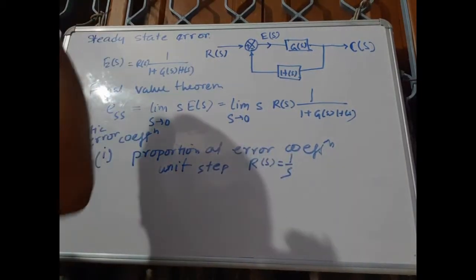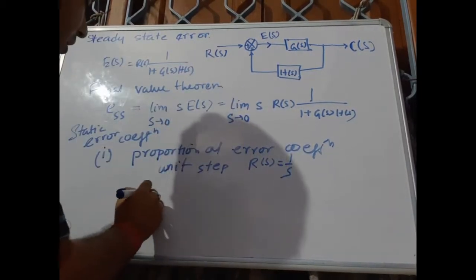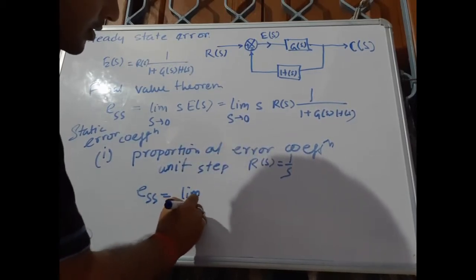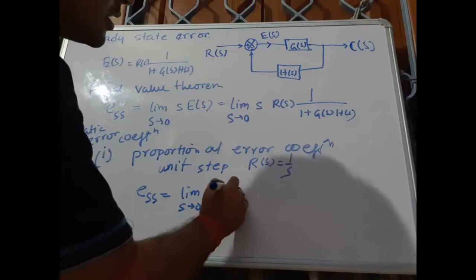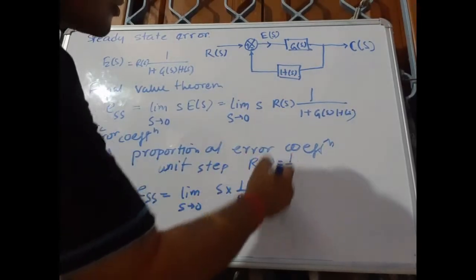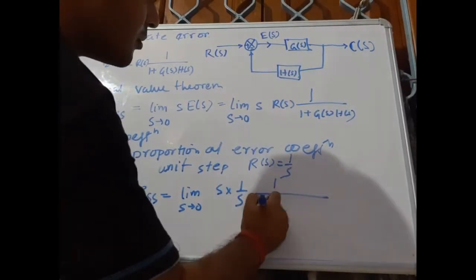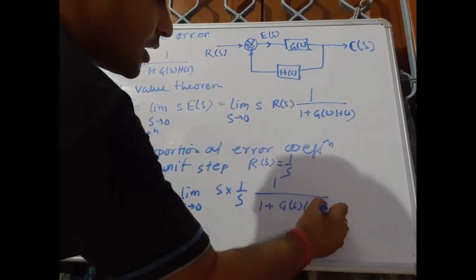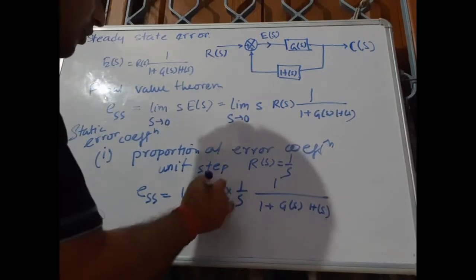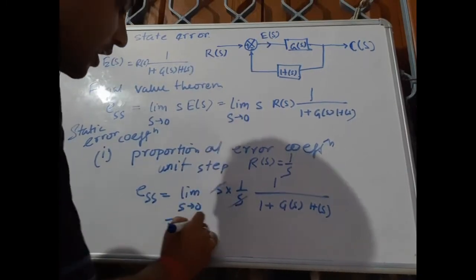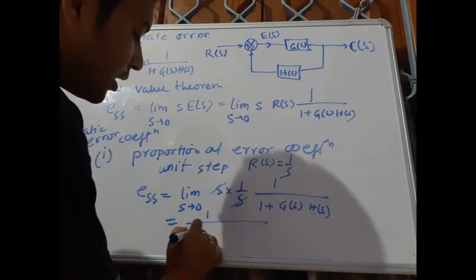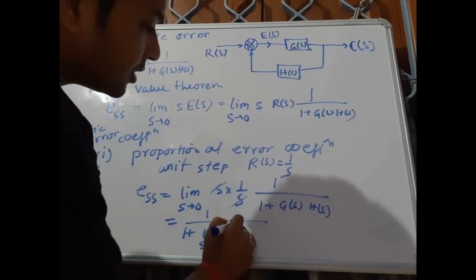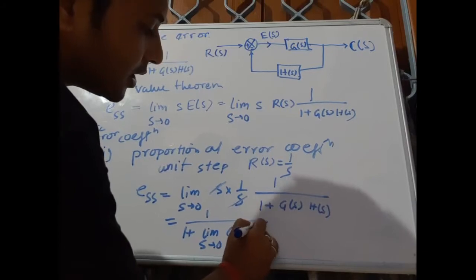Now if I just write e_ss is limit s tends to 0 s into 1 by s, R(s) is 1 by s, 1 by 1 plus G(s)H(s), right? Now we can cancel out the s. We have 1 by 1 plus limit of s tends to 0 G(s)H(s).